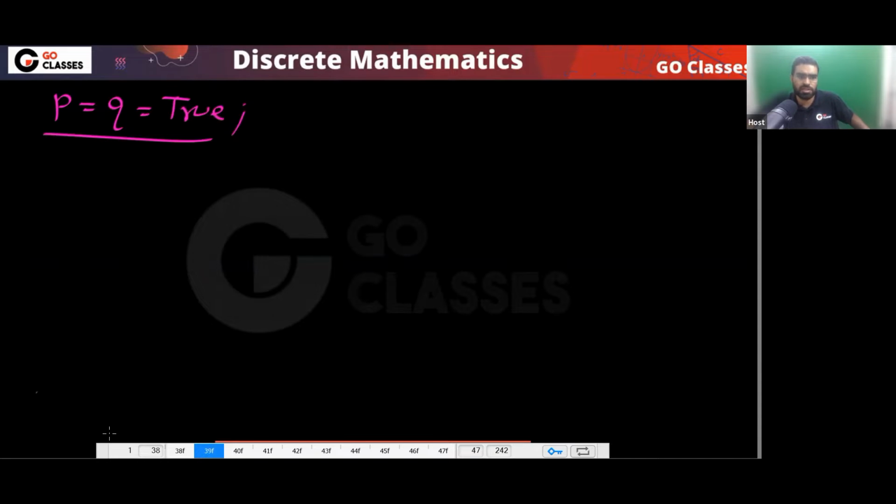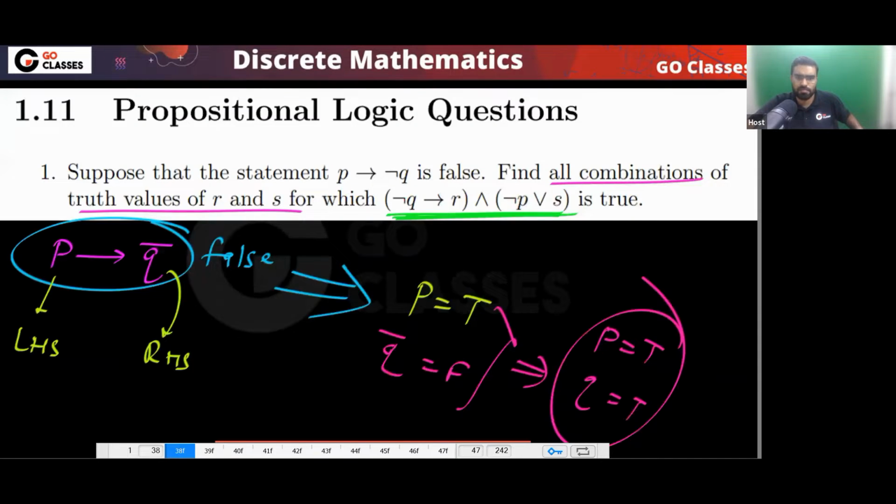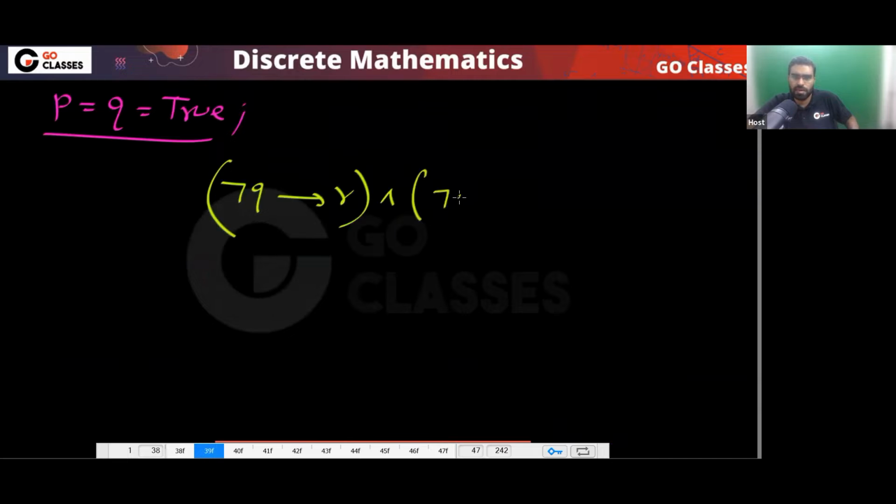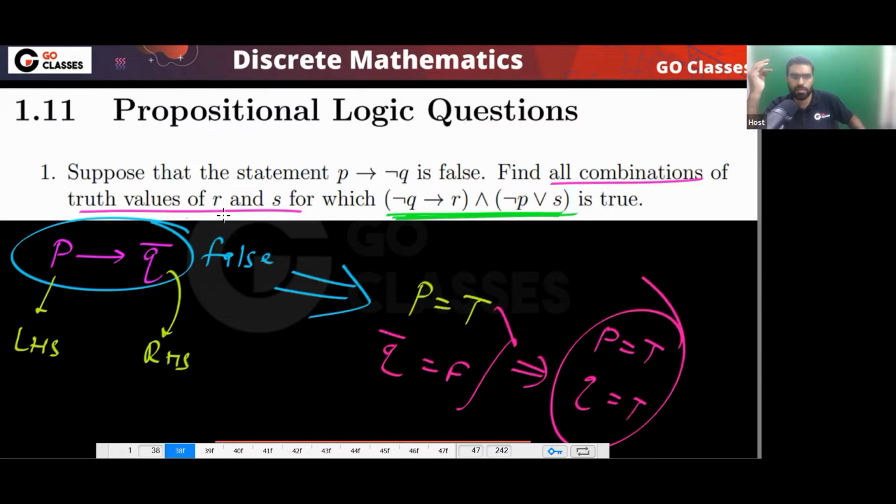Now the question is asking about negation Q implies R and negation P or S. If this is true, then what can you say about R, S? Remember, the question is only asking for R, S.